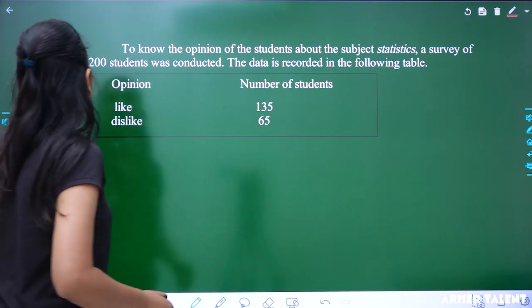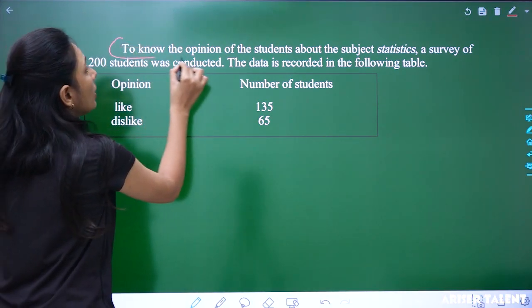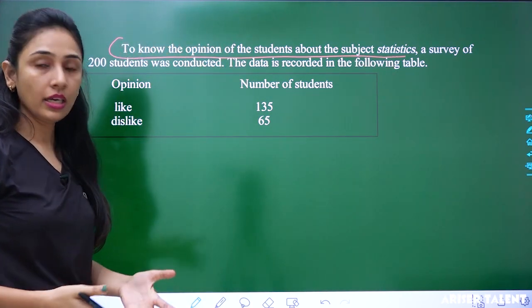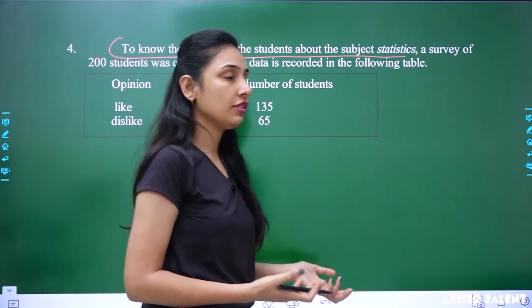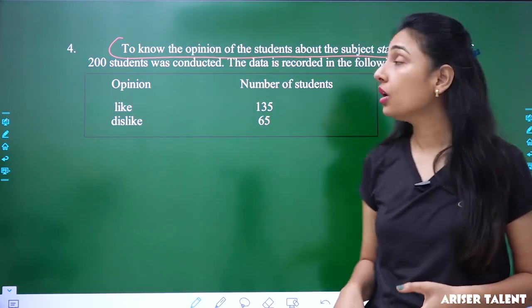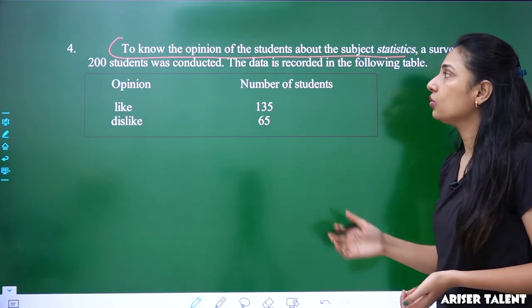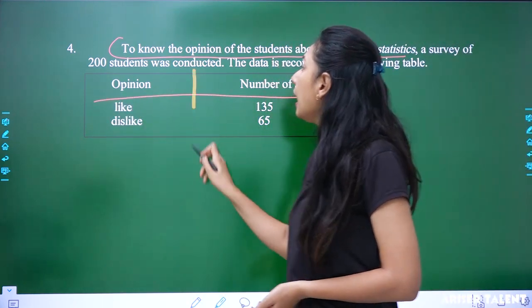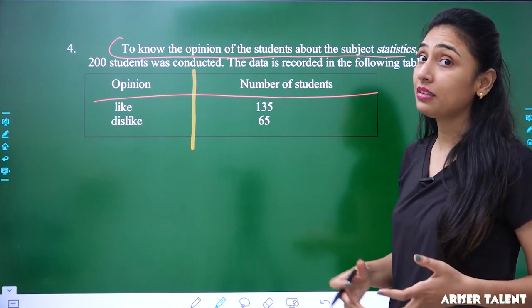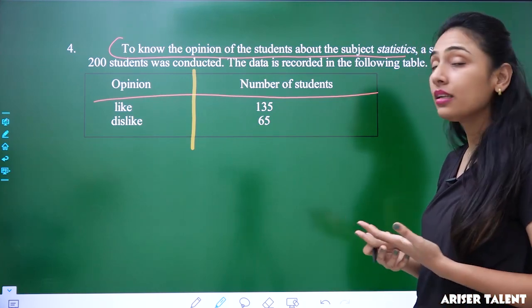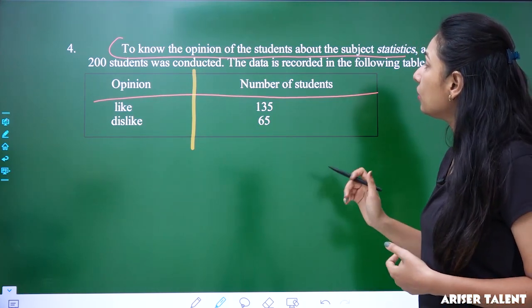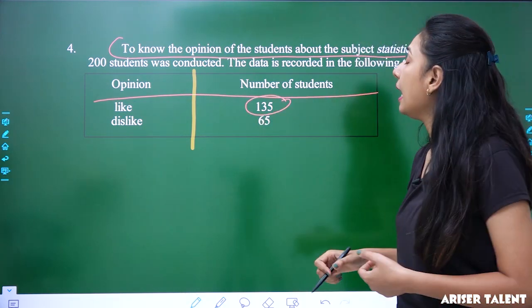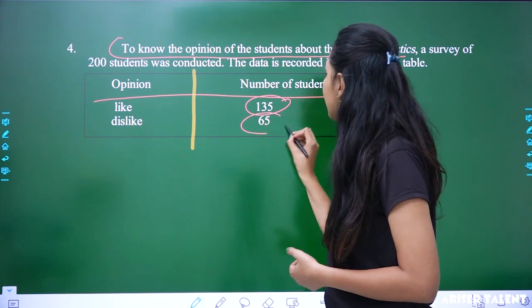Here, to know the opinion of the students about the subject statistics, and you are for sure having our chapter on statistics also. So we get to know the opinion of some students, and some students were liking statistics, and some were not liking it. The number of students who liked it is 135, that's a good number, and the number of students who don't like it is 65.